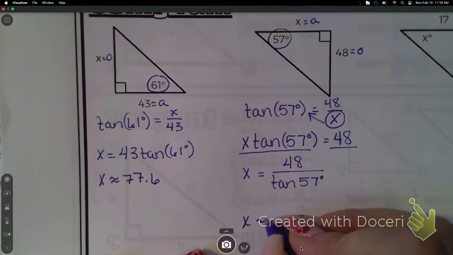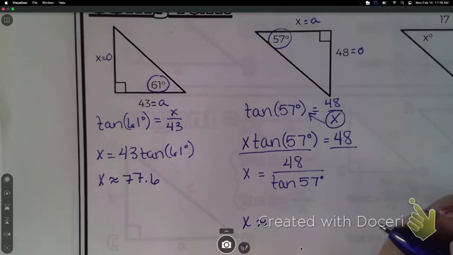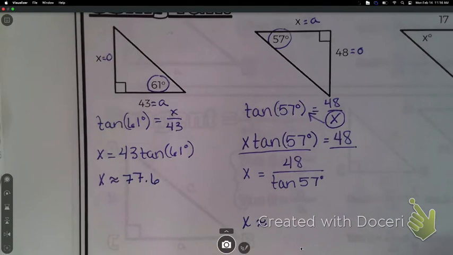So Sam, what do you get? Cooper, you're supposed to be doing it too. Henry, you too. Everyone's supposed to be doing it. What do you get? I keep getting 50.